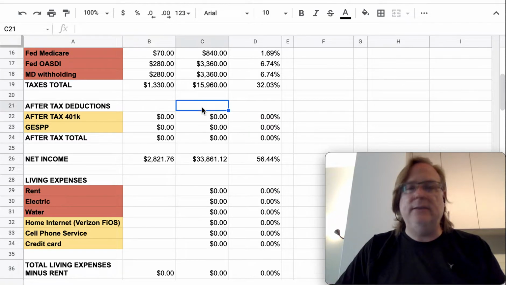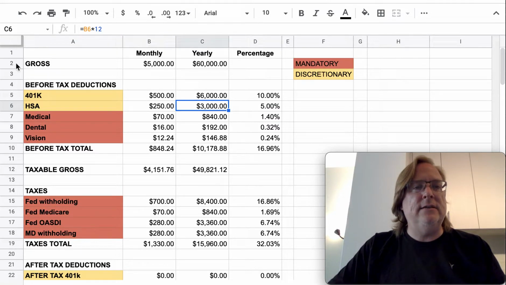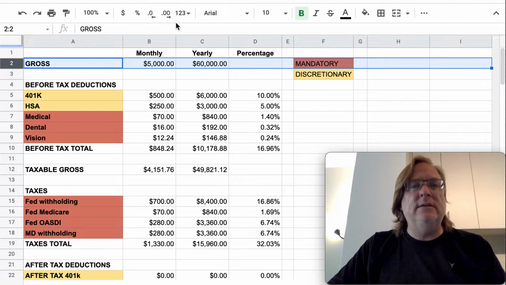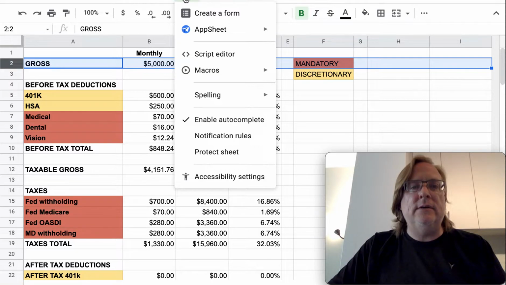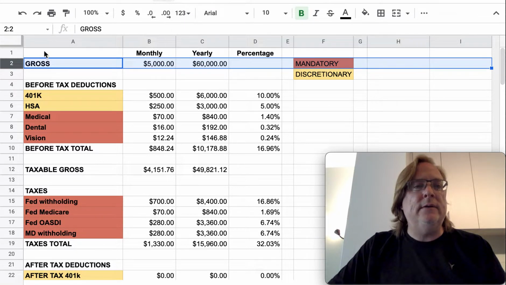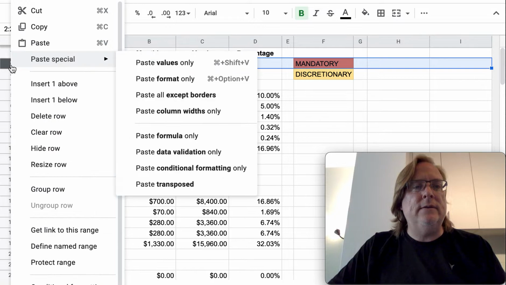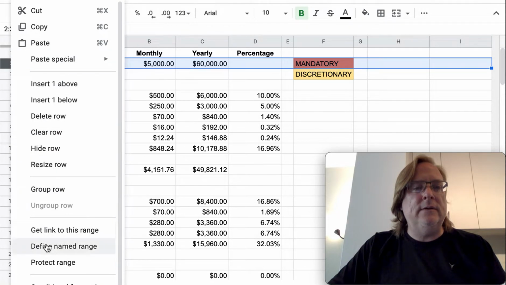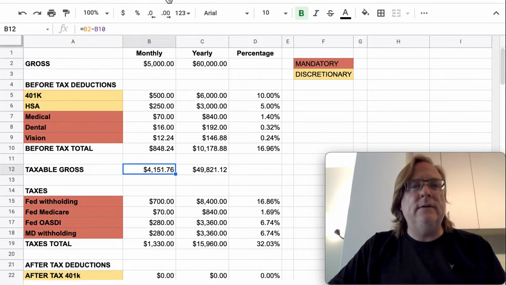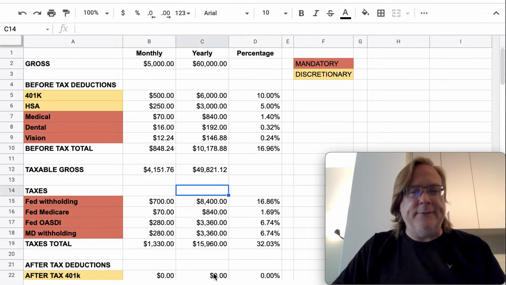Let's see if I can freeze these. All right, I can't remember how to do that, so we'll move on.